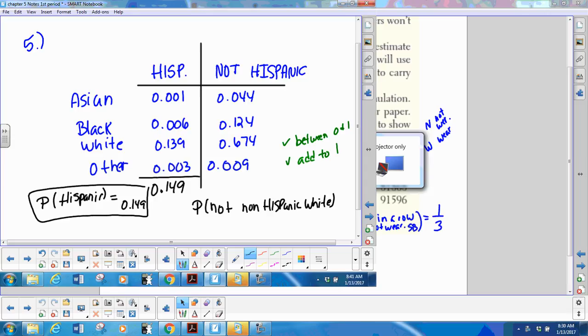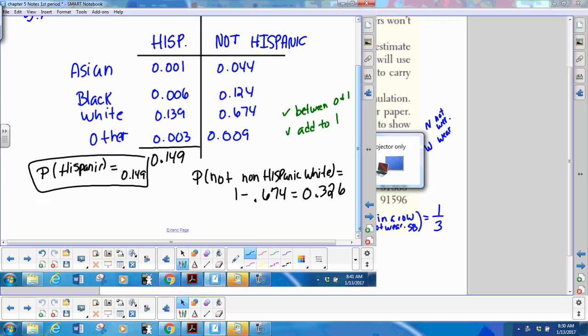What I did for this one was look at the white non-Hispanic probability and do 1 minus that. So I did 1 minus, we got this. So the probability that you're not a non-Hispanic white is 0.3. That's the C part.